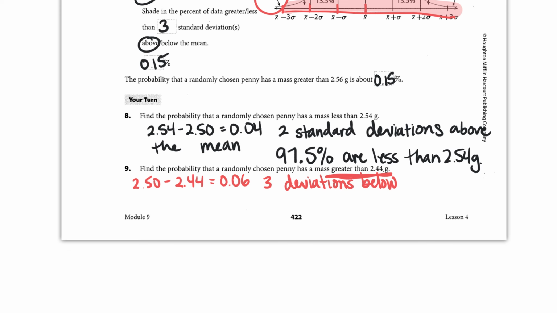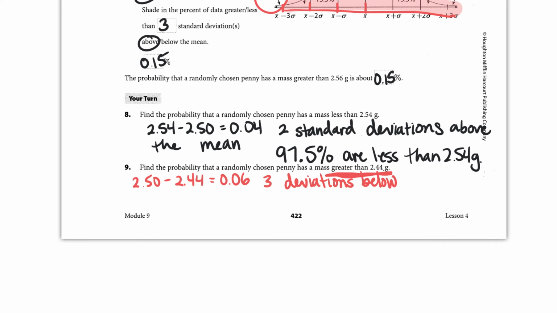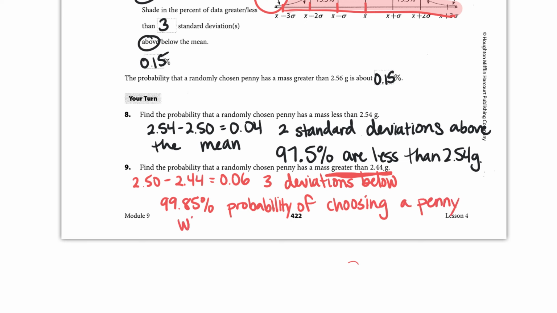And you will end up with 99.85% probability of choosing a penny with a mass greater than 2.44 grams.